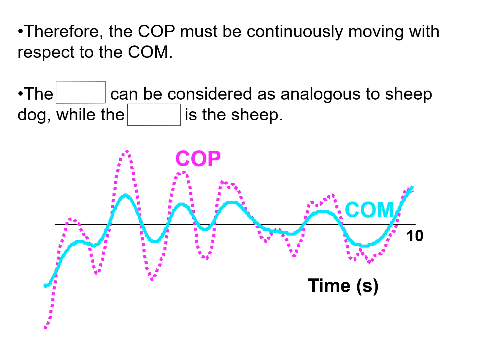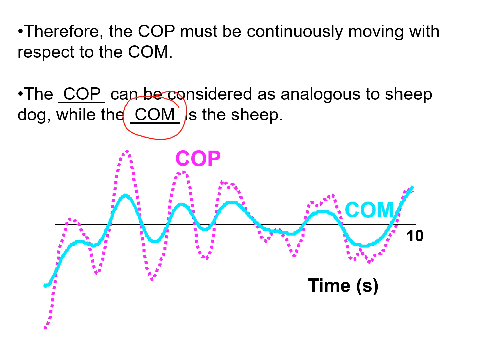But in closing, we'll say that the center of pressure can be considered as analogous to a sheepdog, while the center of mass is the sheep. So our center of pressure must keep in check our center of mass, or we will fall over.